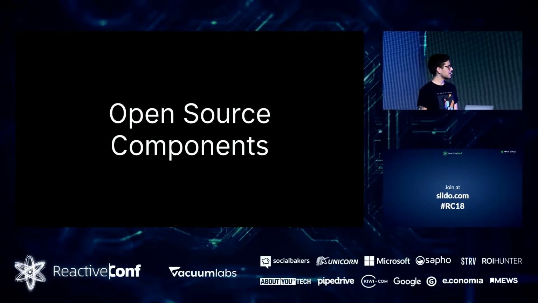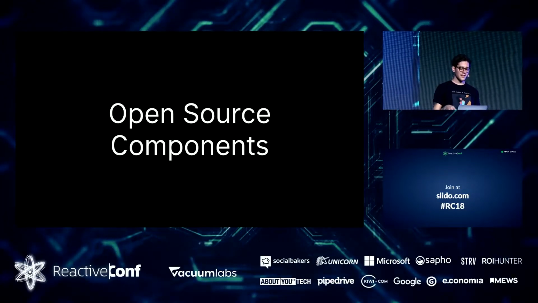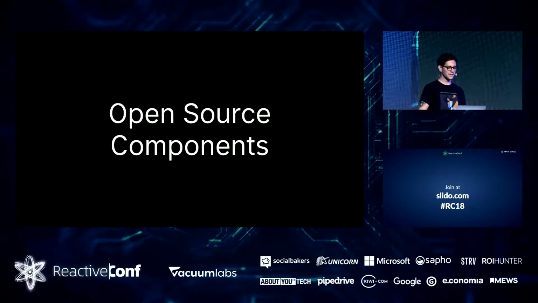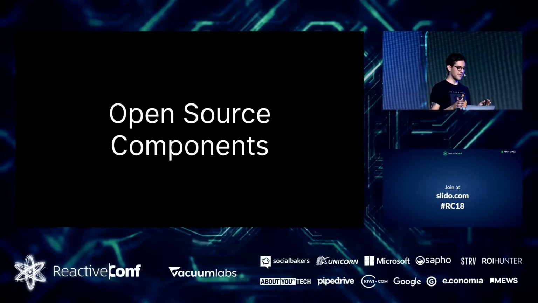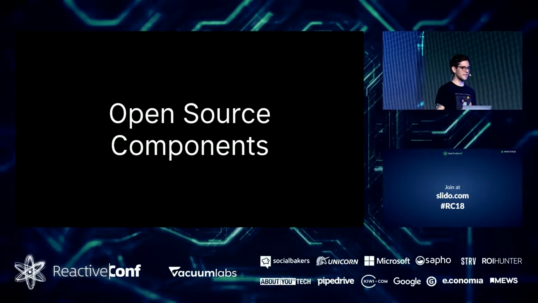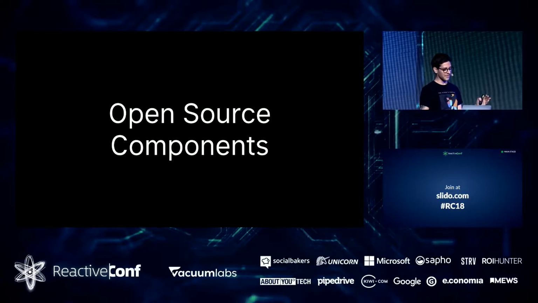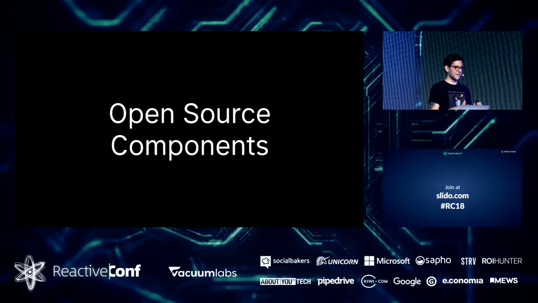And it turns out that this is also especially true for open source components, because they need to fit literally thousands of use cases. And as a result, I've seen very many open source components that were super complex with like 100 props or something like that. And this might be the reason for the following.